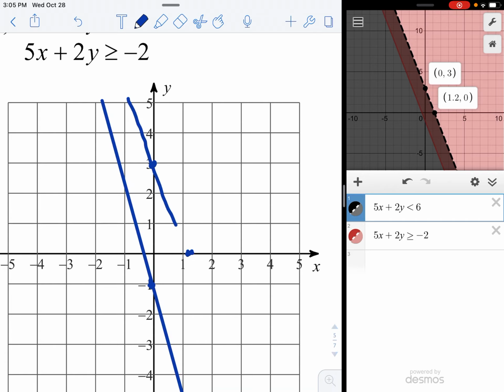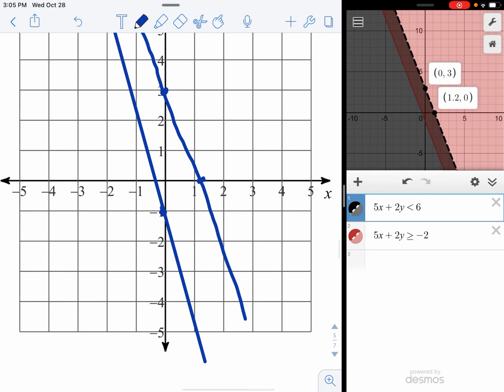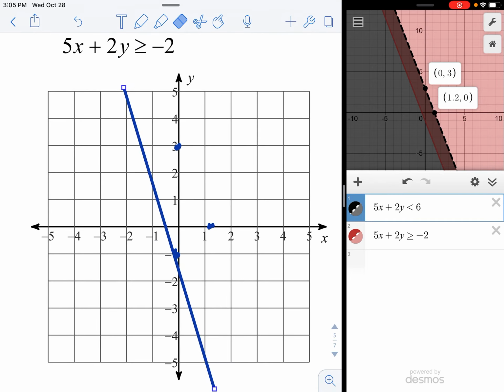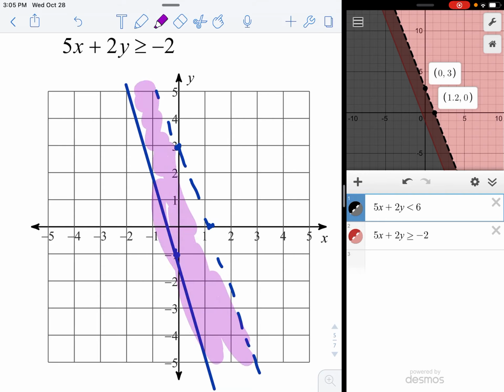So we're supposed to have a bit of a parallel line. Still doesn't look that good, does it? I probably screwed up my angle. Oh, I'm struggling here. Have pity on me. All right, so this is a dotted line, kind of like that. And still, it is shaded in between them. All right, my drawing kind of stinks.